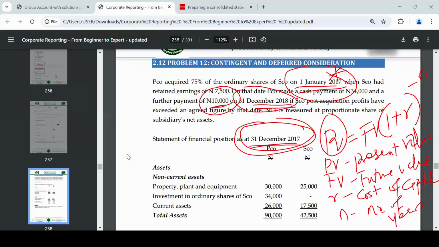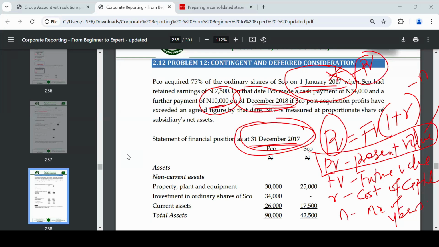Now, at the date of acquisition is the date where I'm going to calculate the present value. So in my cancellation of the consideration or investment in subsidiary against the net asset of the subsidiary, the value I'm using is the present value. I'll be using the present value of the future consideration at this date.